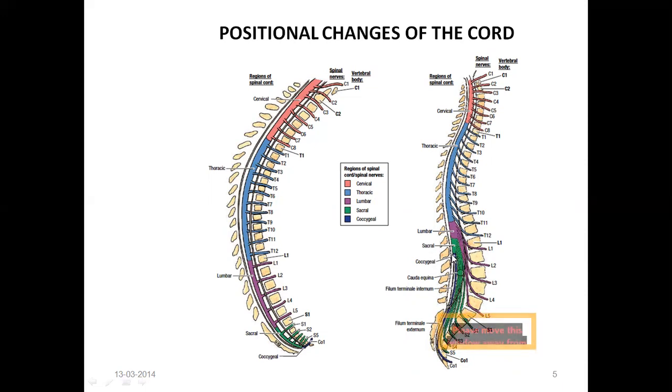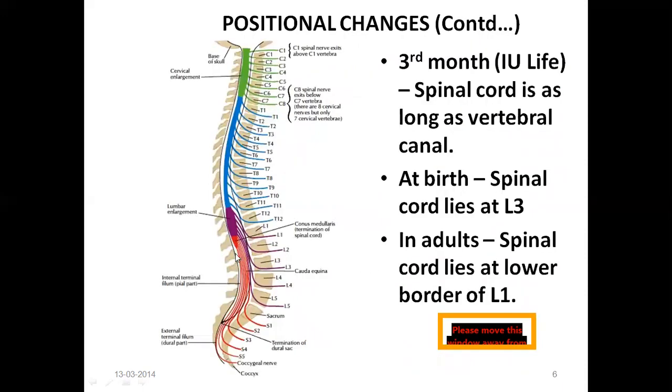Hence, the spinal cord ends at the lower border of the L1 vertebra. After L1, whatever you find are only spinal nerves, which come out through the corresponding intervertebral foramina. You can see this is our spinal cord, ending at the lower border of L1, and from there you find only spinal nerves coming out.